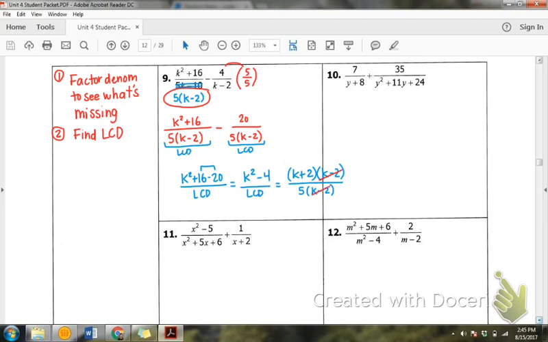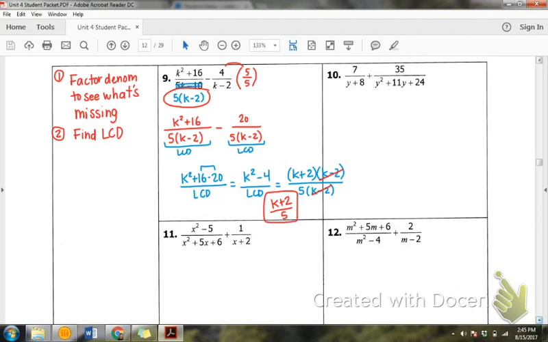Now, Mitchell, if you had gone ahead and done 5k minus 10, right, like you kind of wanted to, you wouldn't notice that this is going to cancel with this, right? So that's why we always leave it factored, okay? So my final answer is going to be k plus 2 over 5.